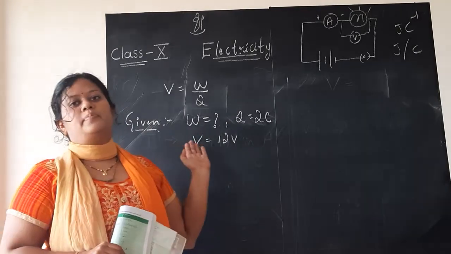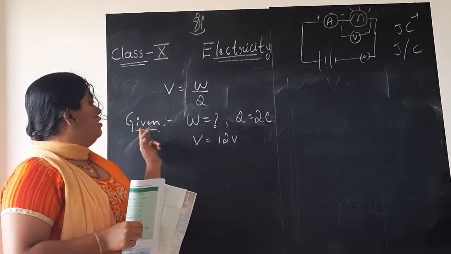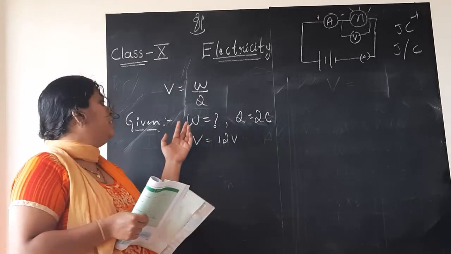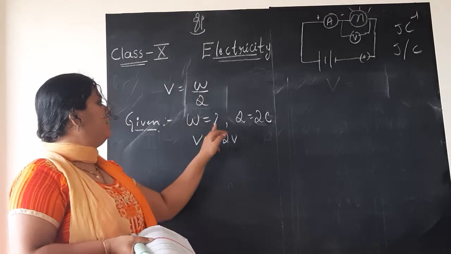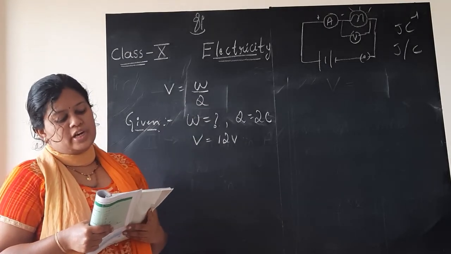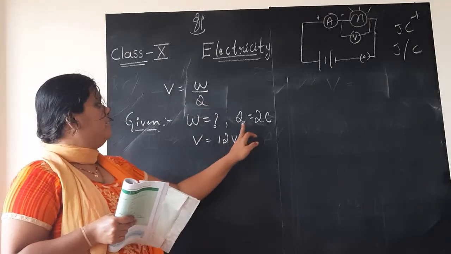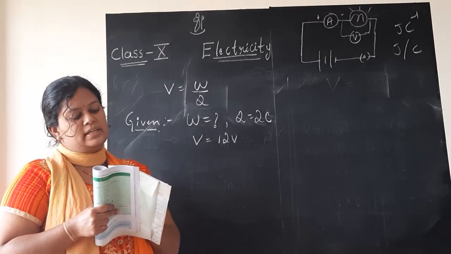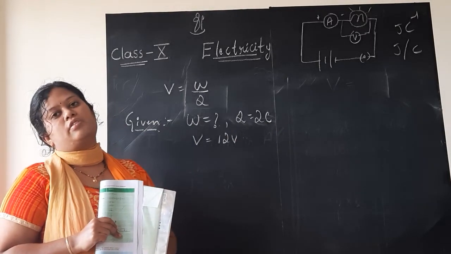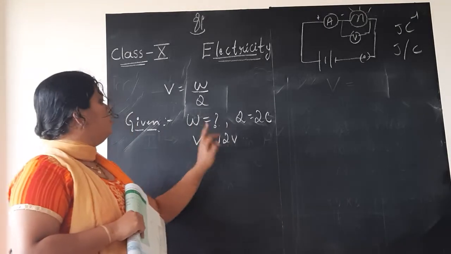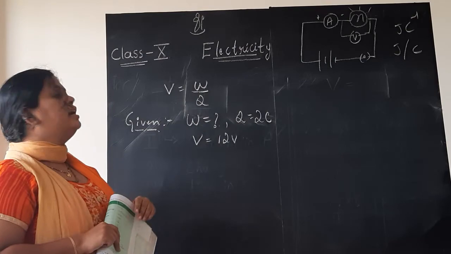Here, work done is not known, so W is question mark. The charge Q is 2 coulomb, and the potential difference V is 12 volts. We need to find out the work done.